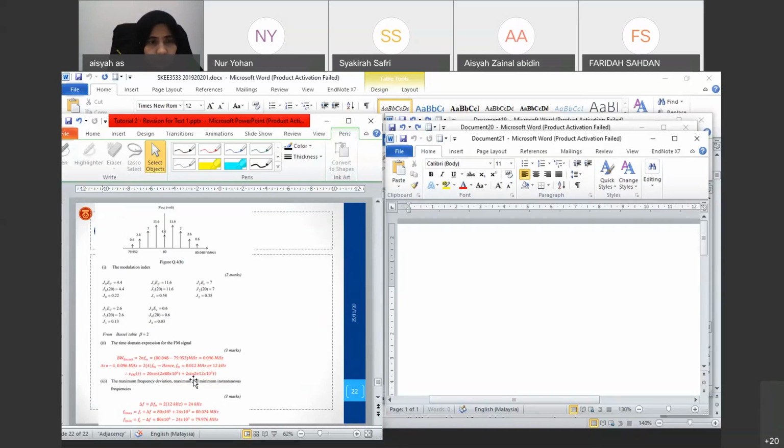From the equation 2 n fm, you can get fm. So fm is 12 kilohertz. You put it back here.